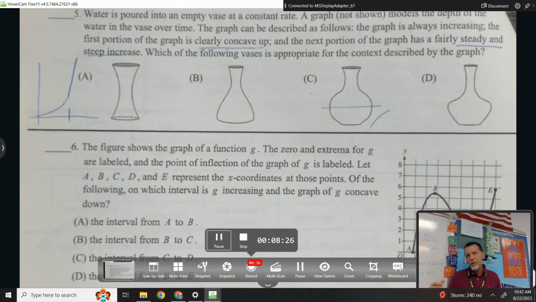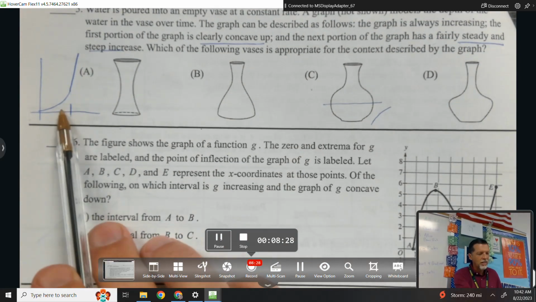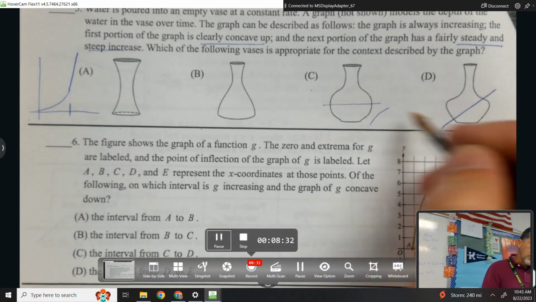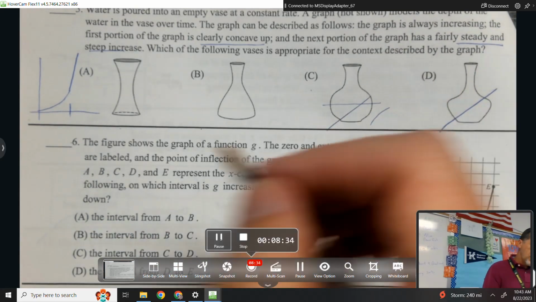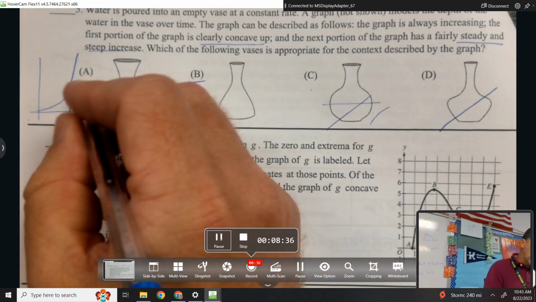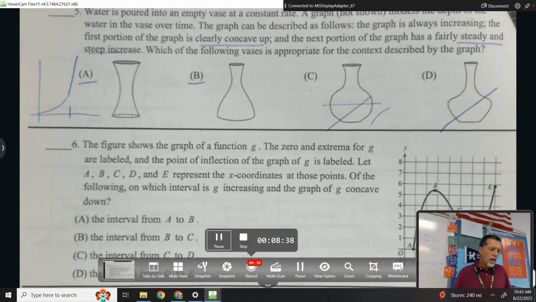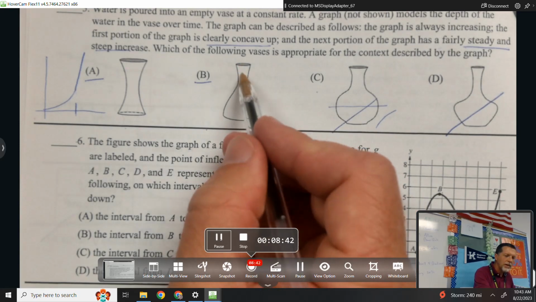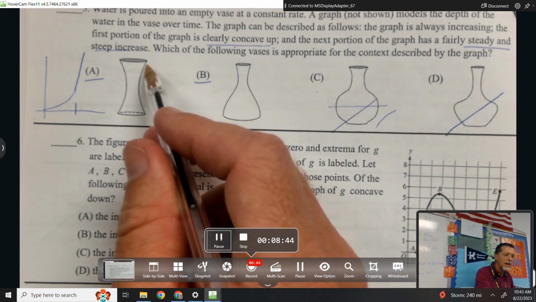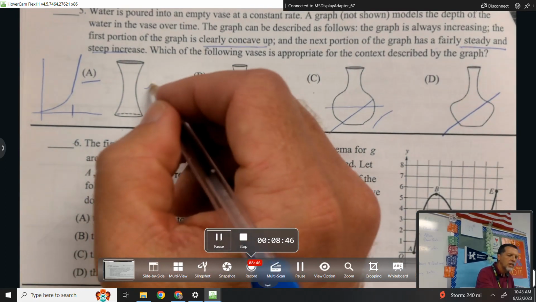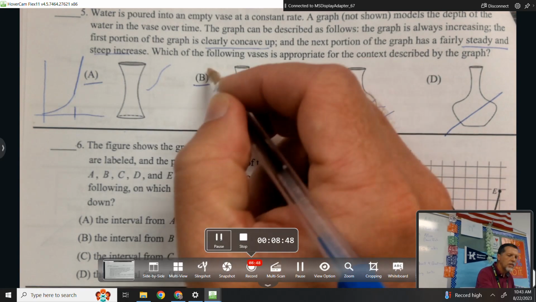That way my height will be increasing faster. So I need it to be getting narrower to start with, which goes to A and B. But then I need it to be steady at the top, that would be concave down. So I think it's B.